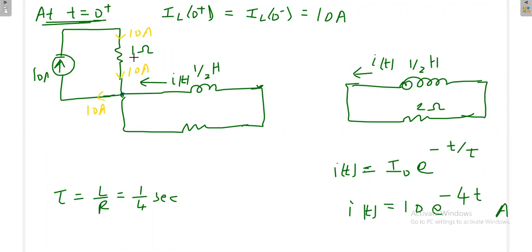If the 10 ampere is coming here, the same 10 ampere is coming here, then what is the effect of this one here? Nothing. Whatever the ampere is here, the same ampere is appearing here, so the effect of this circuit on this is nothing. Similarly, the effect of this circuit here is nothing. Whatever the current comes here, the same current will come here, so it will not affect. So you can separate the circuit and you can analyze.